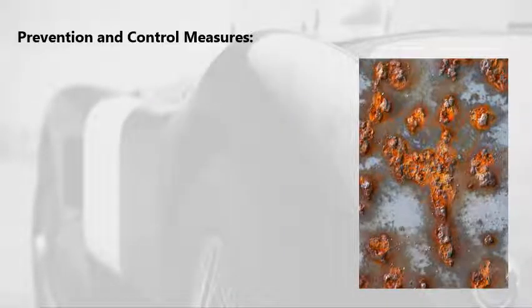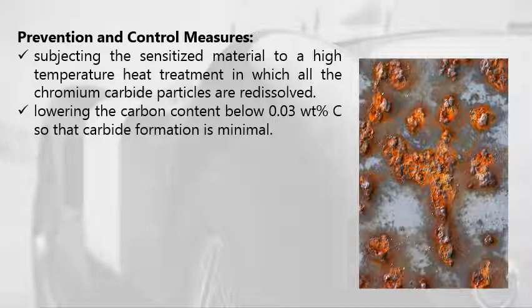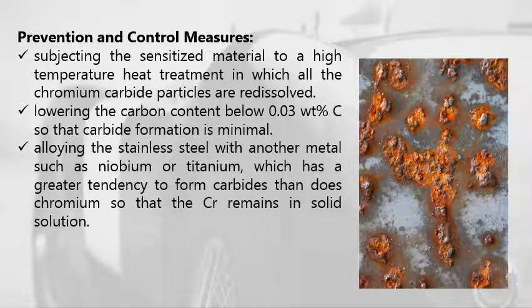Stainless steel may be protected from intergranular corrosion by the following measures: subjecting the sensitized material to a high temperature heat treatment in which all the chromium carbide particles are redissolved, because this chromium carbide is actually the one that causes the formation of these granular attacks; lowering the carbon content below 0.03% by weight so that carbide formation is minimal; and alloying the stainless steel with another metal such as niobium or titanium, which has a greater tendency to form carbides than does chromium, so that the chromium remains in solid solution.